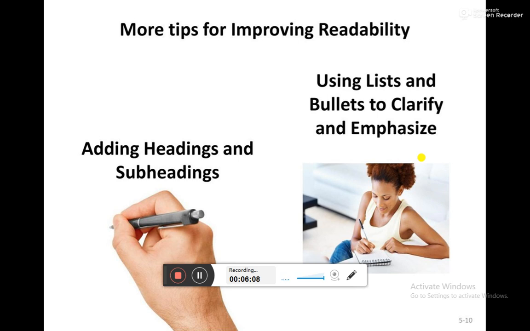They show readers at a glance how the material is organized. They can call attention to important points, and they highlight connections and transitions between the ideas.